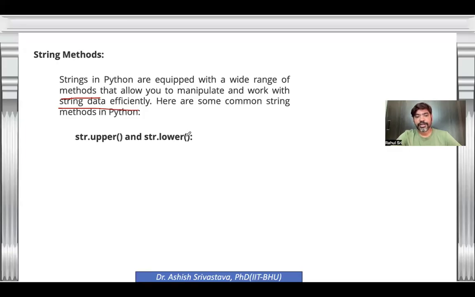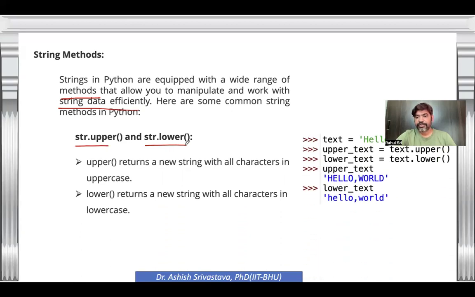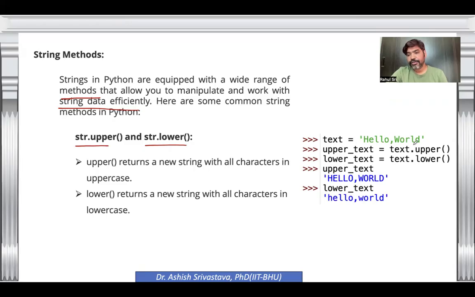So str.upper and str.lower. By the name itself, it is very clear. str.upper will make everything uppercase, and str.lower will make everything lowercase. Let us see by example. Here, I have put the word hello in this text variable, and I'm using text.upper, which will make everything uppercase and store it in upper_text.